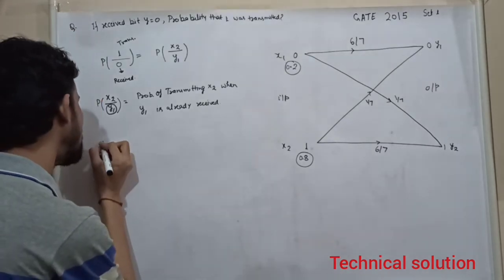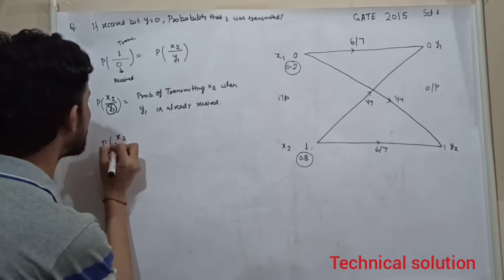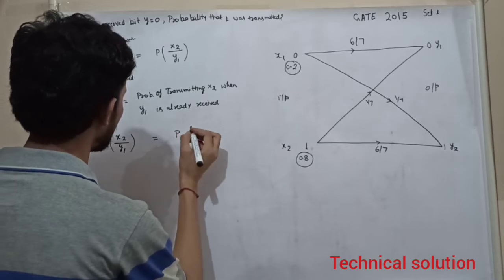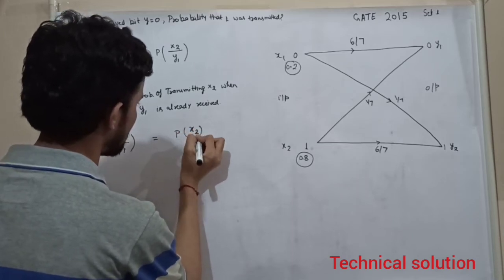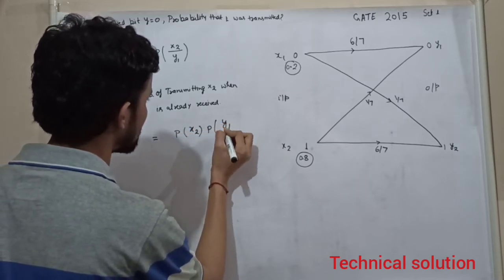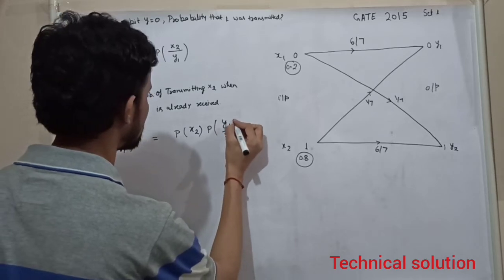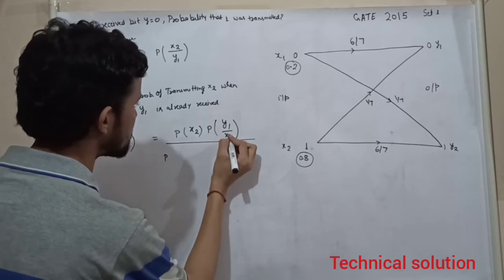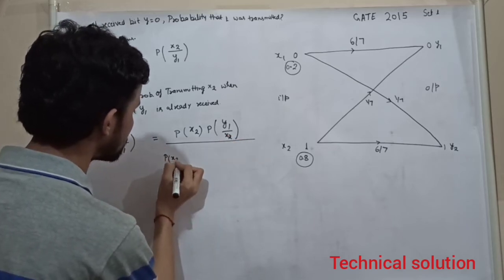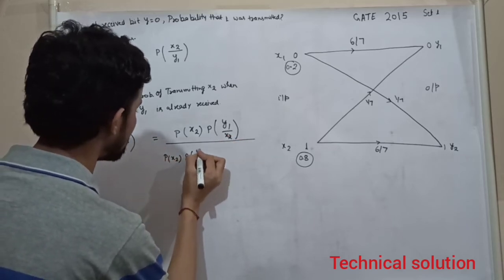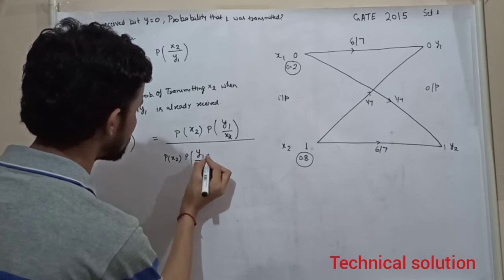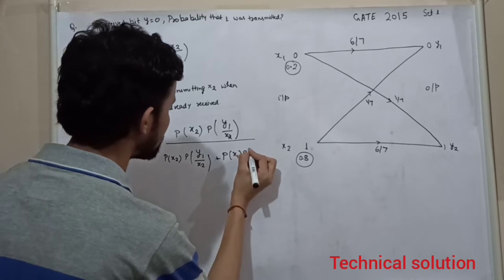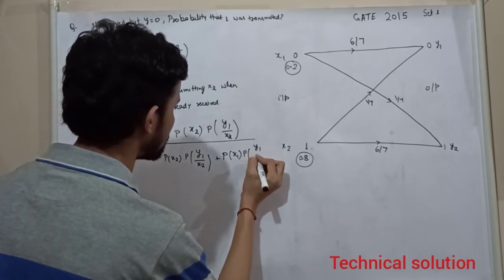Bayes' theorem for this is given as P(x2/y1) equals P(x2) P(y1/x2), divided by P(x2) P(y1/x2) plus P(x1) P(y1/x1).